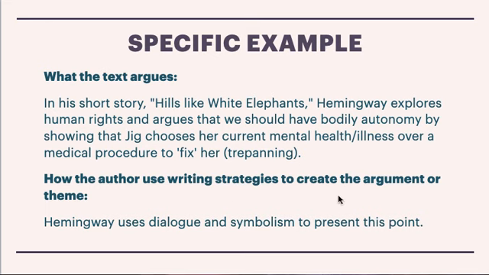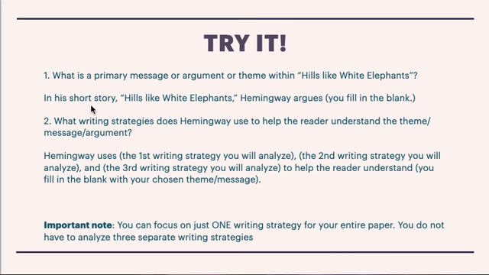How the author uses the writing strategies to get there is in my next sentence, where I say Hemingway uses dialogue and symbolism to present this point. So I've picked two. As I said a moment ago, 3 is great. It's a great starting point. We have those X, Y, and Z, but you get to decide. And so in this case, I'm picking 2 because it just suits what I want to explore really well.